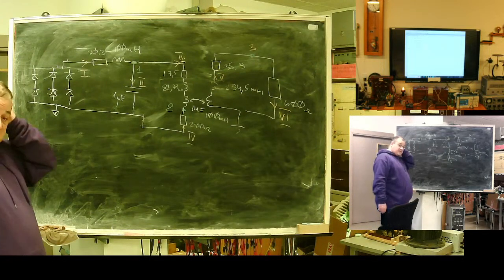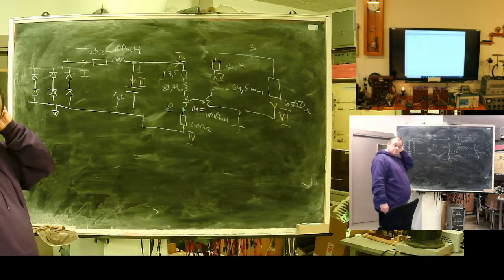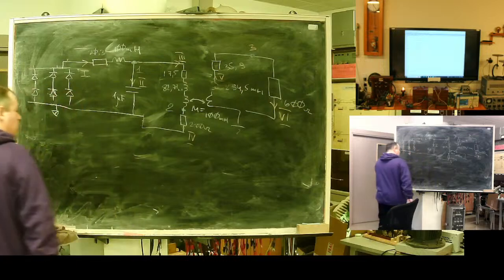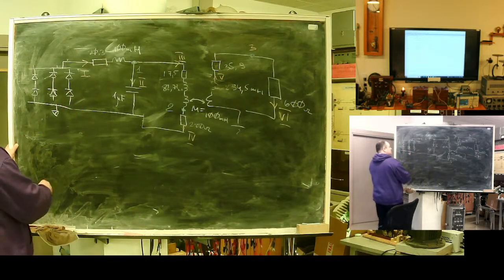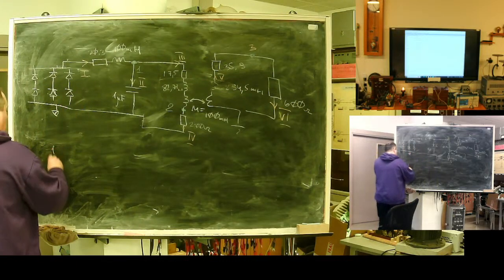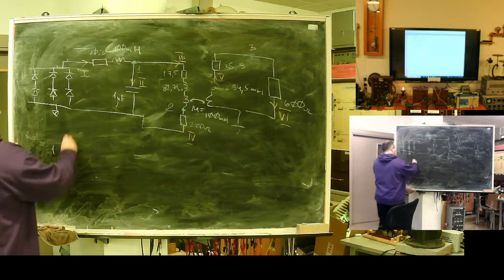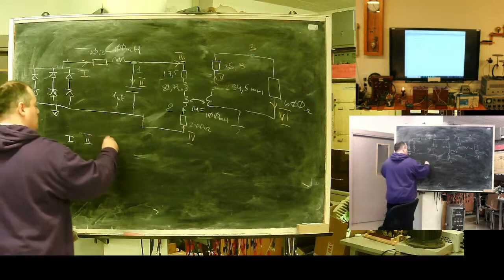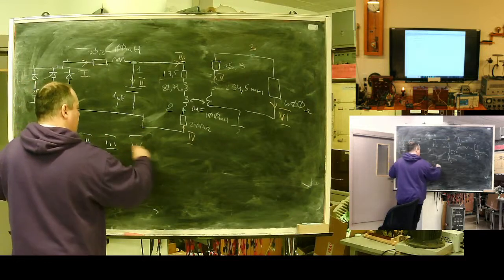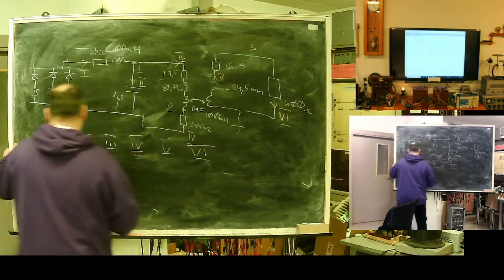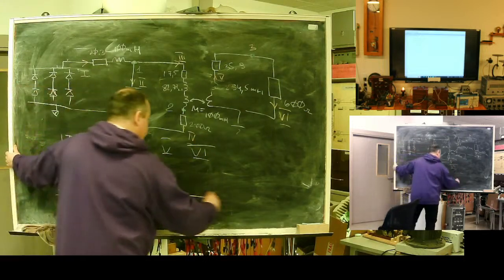What will be the next step? We need to construct the incidence matrix. Yeah, we need to represent the network as a matrix. 3 nodes and 6 branches.